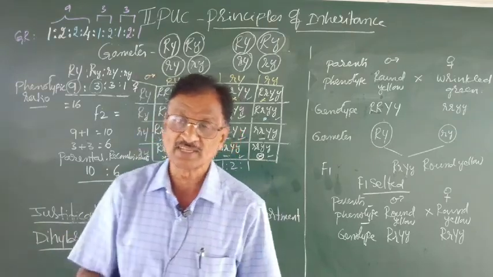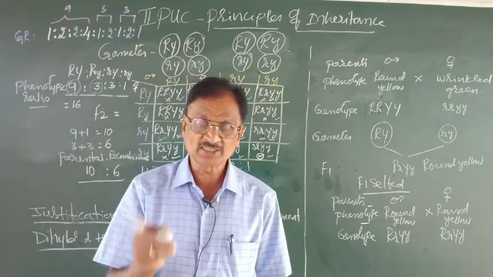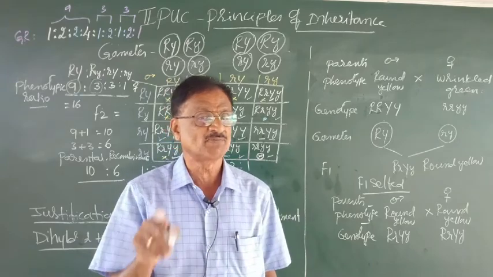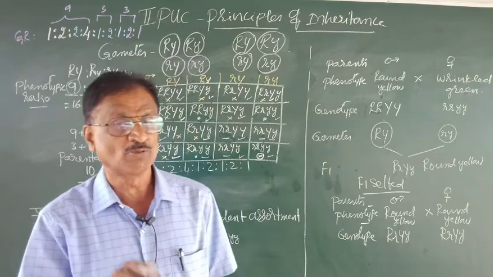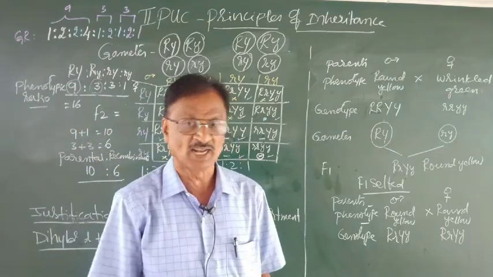What does that law of segregation state? It states that factors controlling a character separate in equal ratio during gametic formation. The law of segregation is applicable to one pair of contrasting characters, or the monohybrid cross.